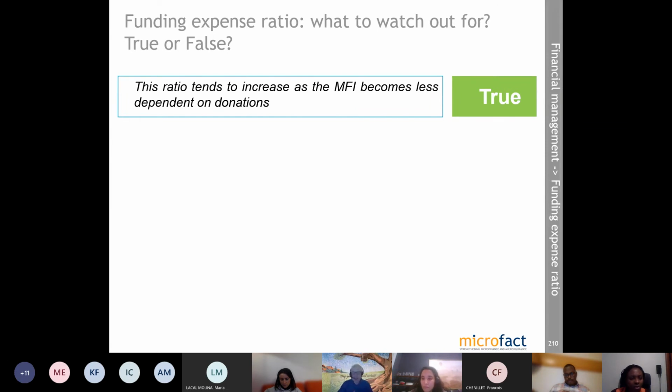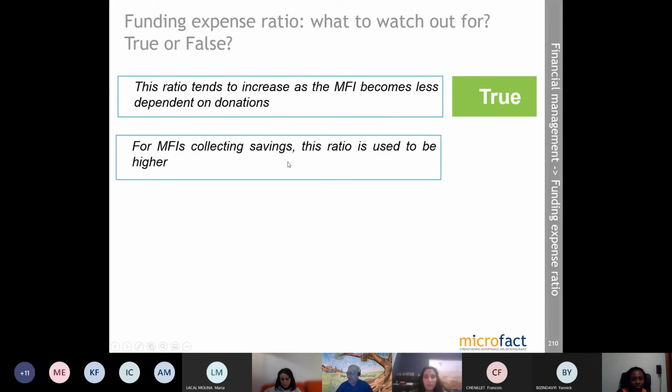When you have a starting MFI, sometimes they can rely on donations for starting up, but once they need to have access to more commercial funding, this indicator goes up, the funding expense. It's quite normal that in the beginning the funding expense is lower, but when you have to rely for your growth on the commercial funding, then it becomes higher.